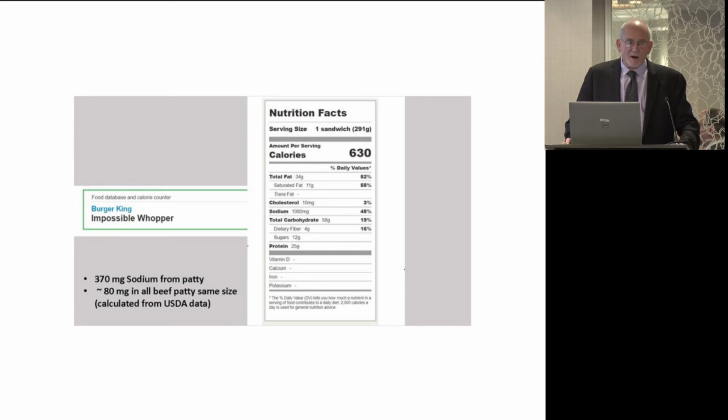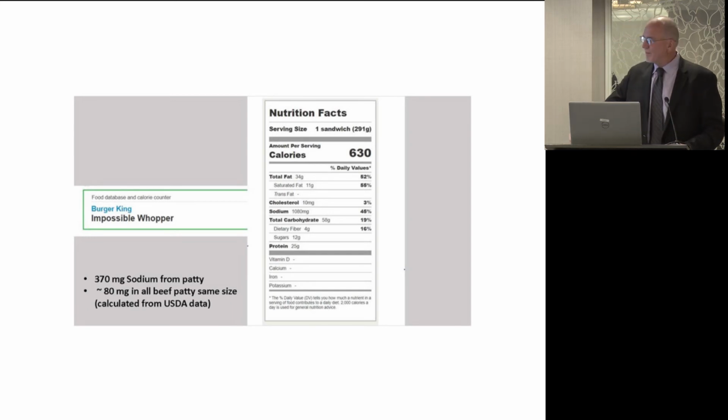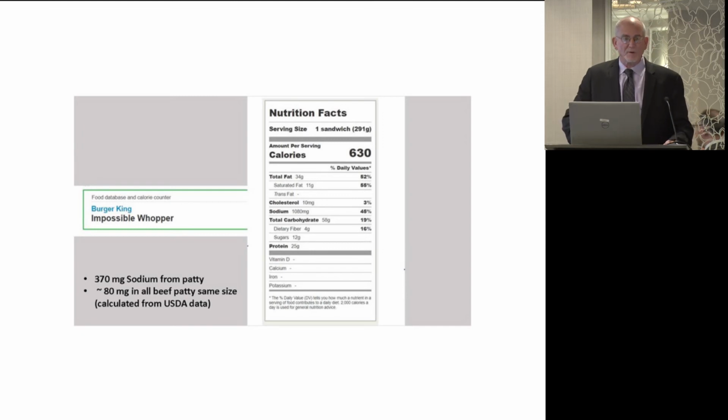But if you compare the sodium in the patties, there's an enormous difference. The Impossible Whopper has 370 milligrams of sodium per patty, based on a 4-ounce patty, the same size as Impossible Burger. From beef, it's around 80 milligrams of sodium. So roughly 5 times more sodium in the plant-based.